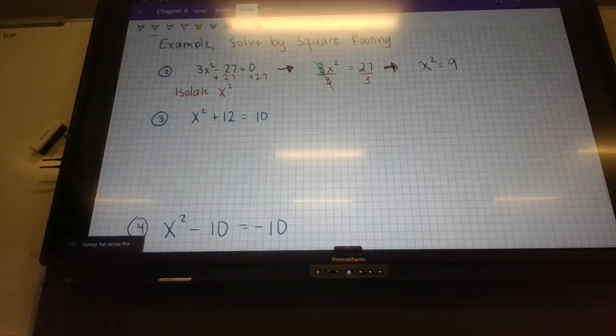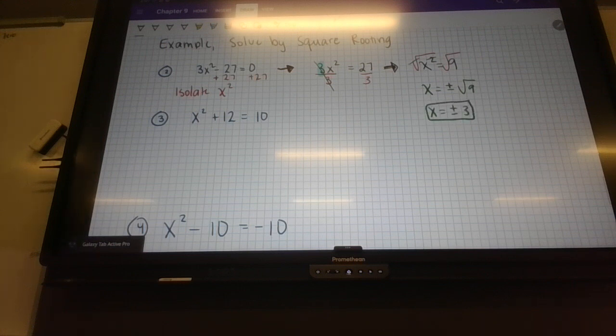So now we're going to square root both sides. Keeping in mind that a radical bar and a power of 2 are perfect opposites. They will cancel each other out. And x is now plus and minus the square root of 9. And the square root of 9 is 3.